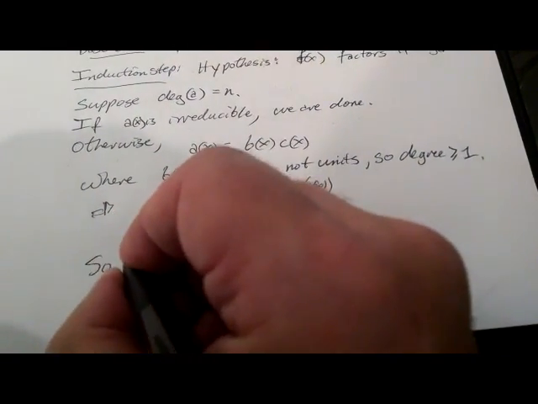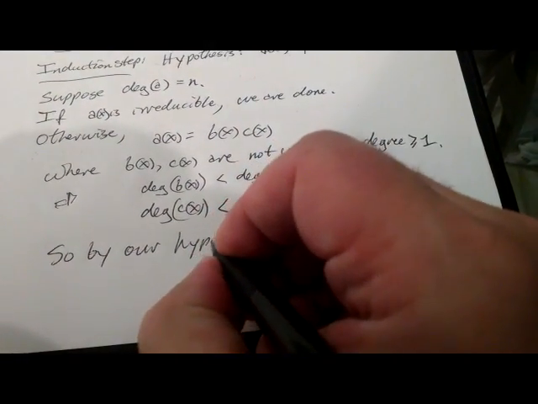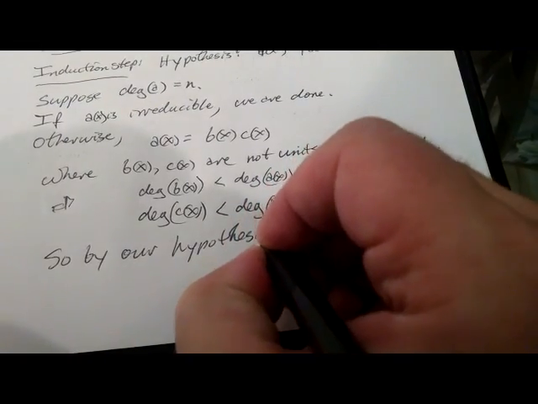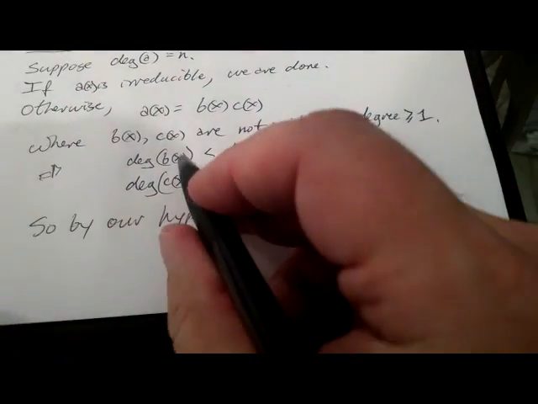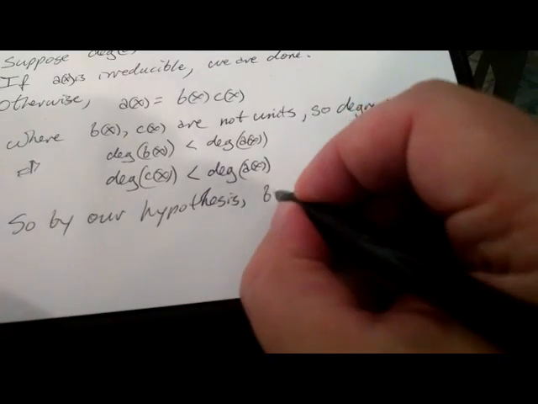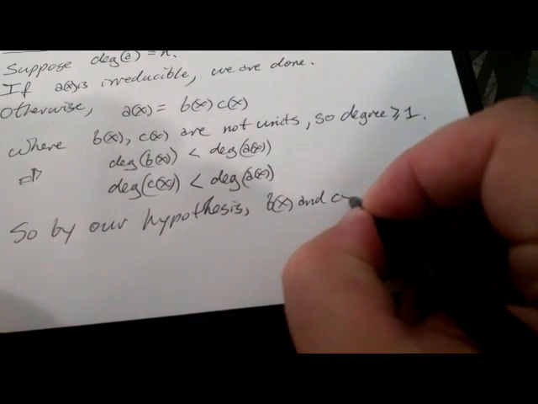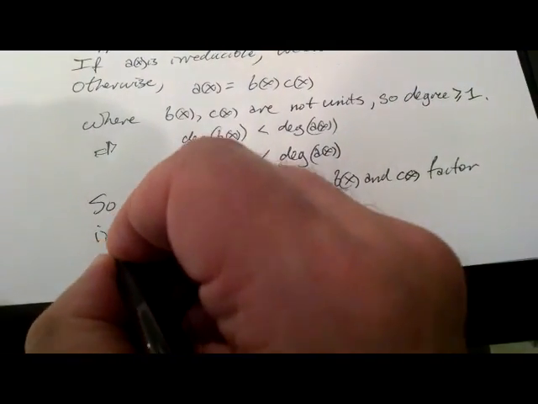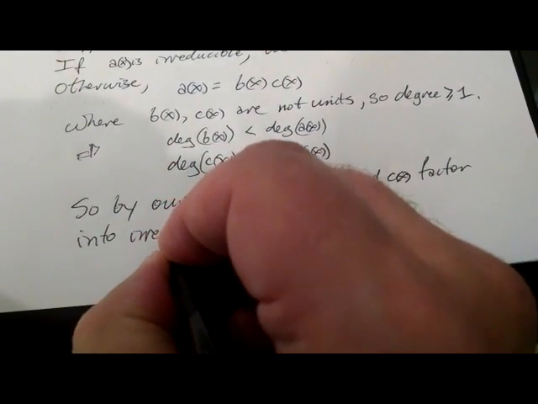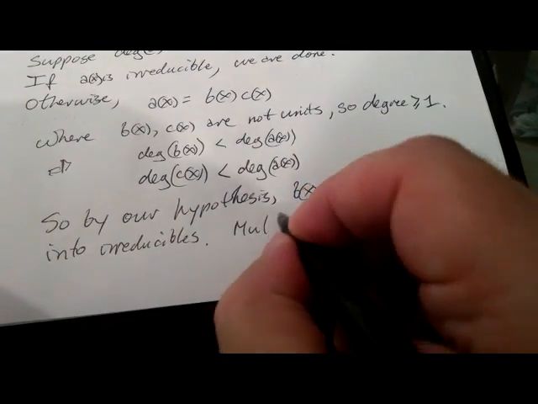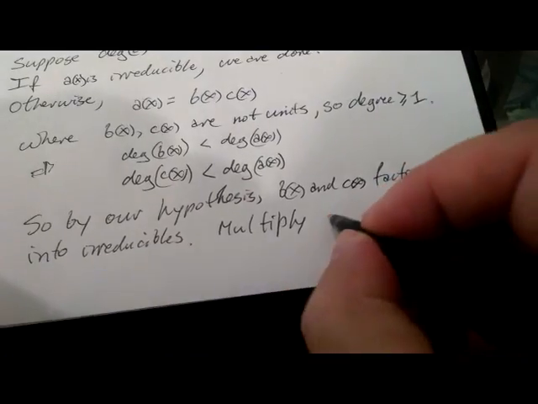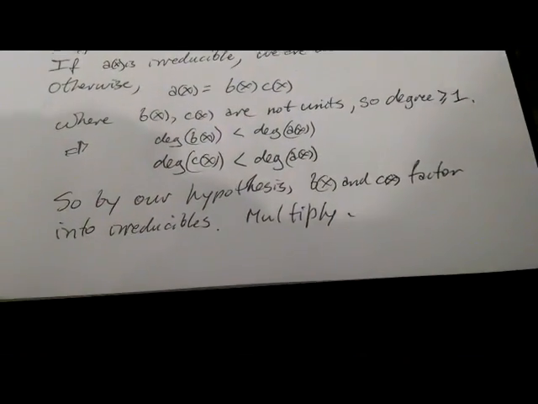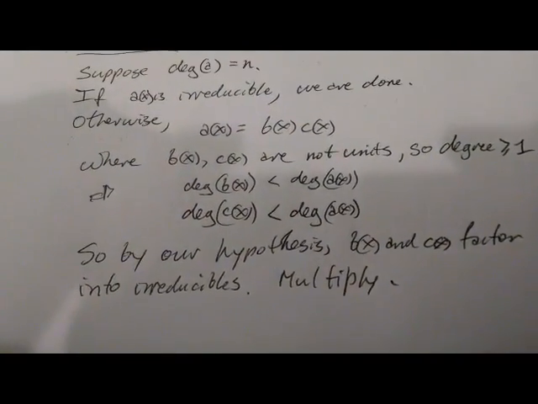So by our induction hypothesis, b of x and c of x factor into irreducibles. And then if we just multiply that together, we're done. We then have a of x as a product of irreducible polynomials.